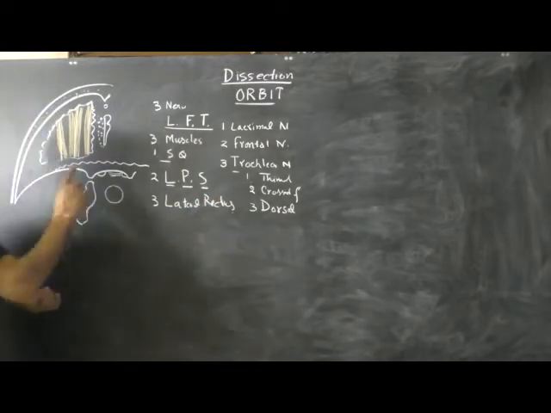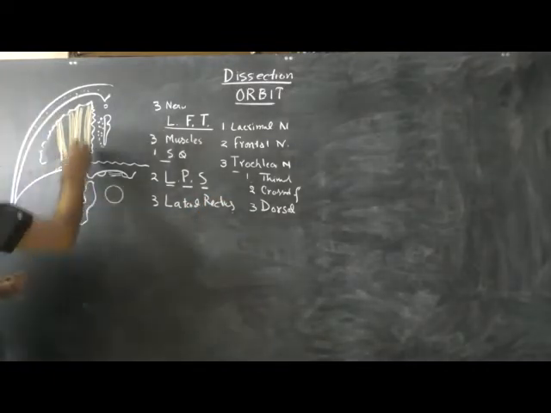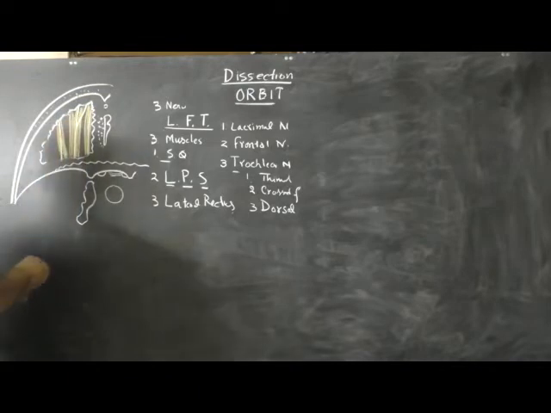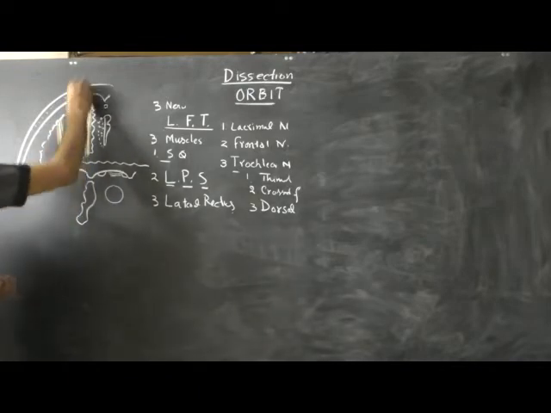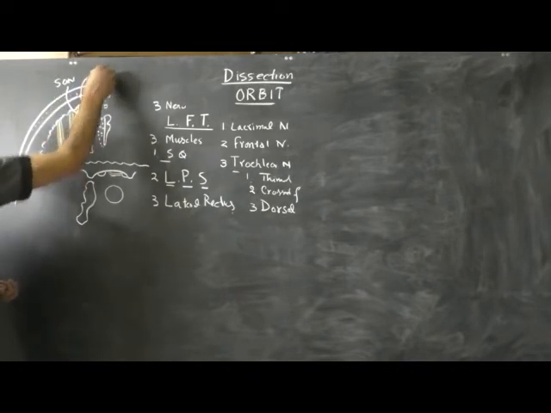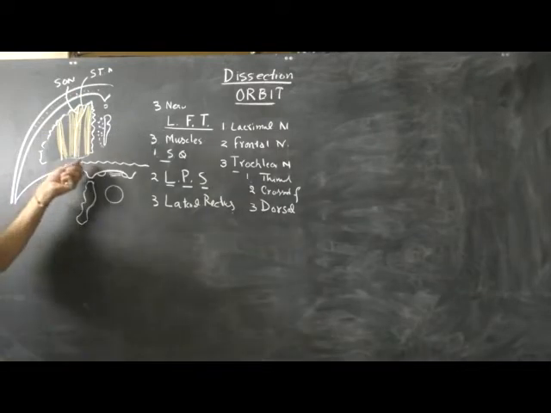So three muscles, three nerves. And frontal nerve is seen anteriorly dividing into a medial supratrochlear and a lateral supraorbital nerve. So medial is supratrochlear nerve and lateral one is the supraorbital nerve. Both are the branches of the frontal nerve we see in the first layer of the dissection.